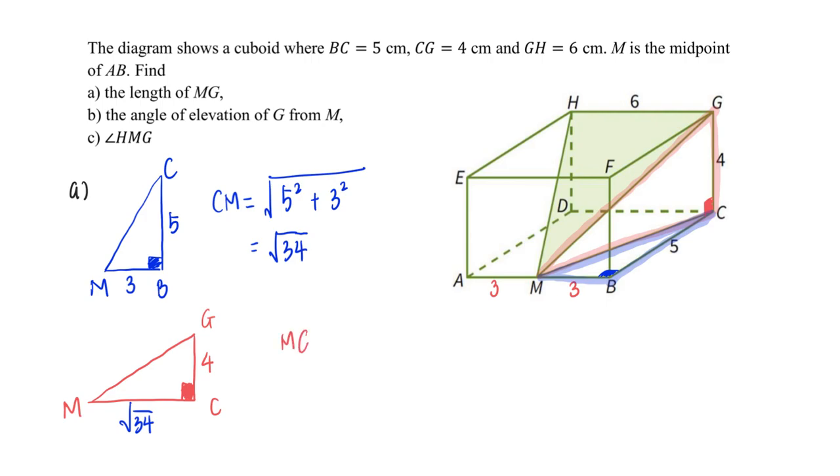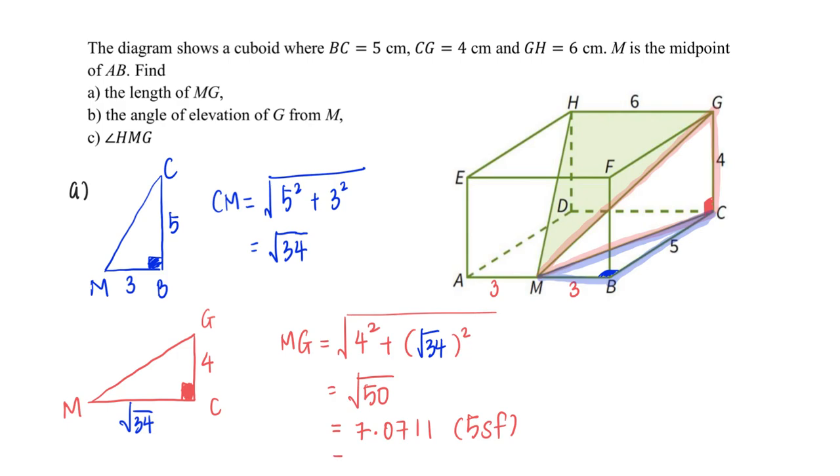So MG is equal to the square root of 4 square plus square root 34 square, and this will be equal to square root 50, which will be equal to 7.0711 to 5 significant figures, 7.07 cm to 3 SF.